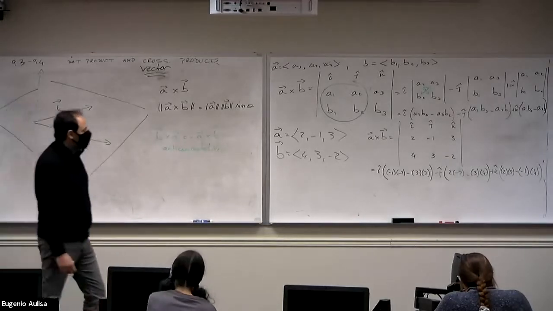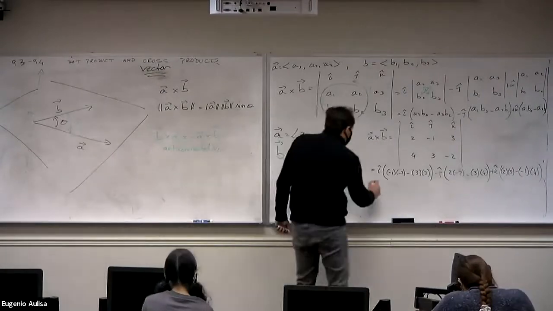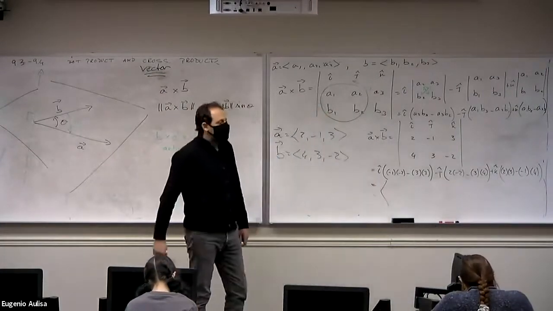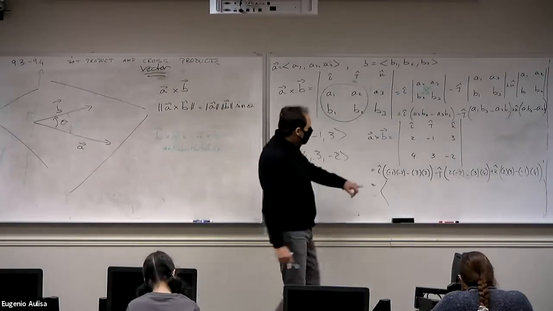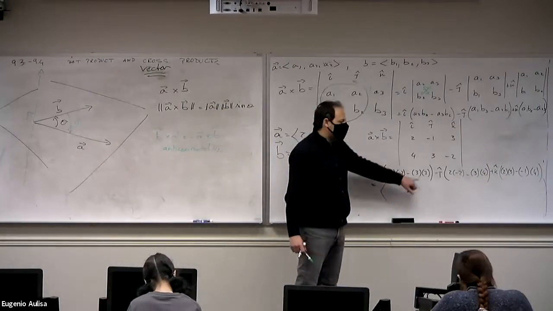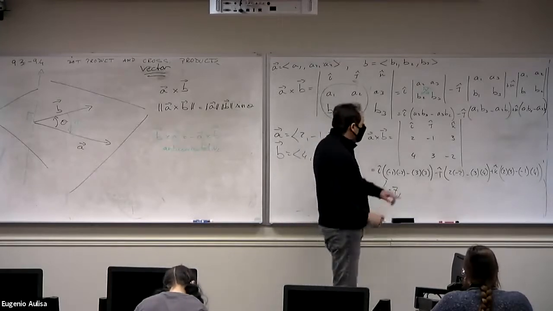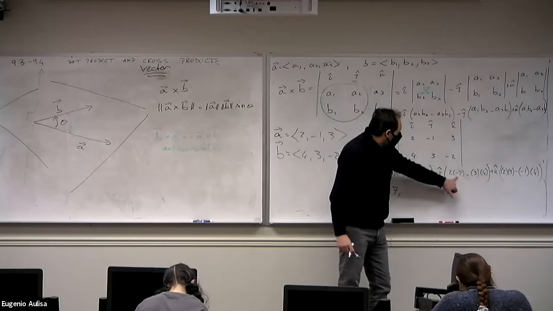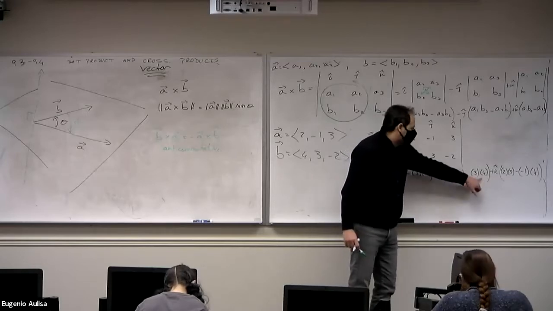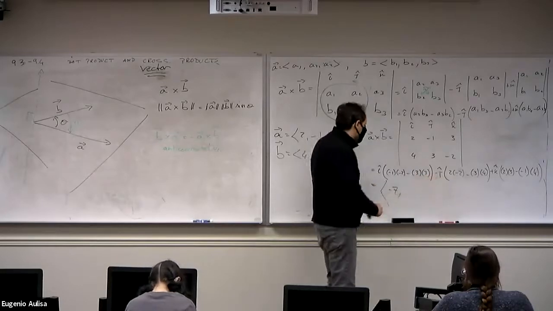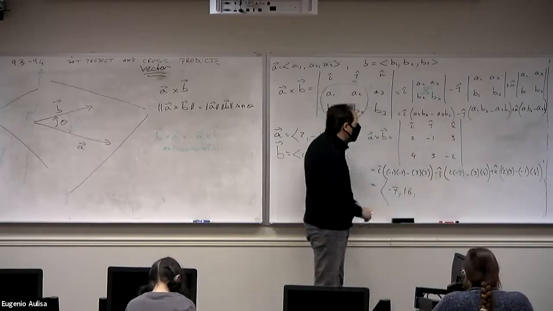Okay, so this is going to be equal to, I'm going to the angle bracket notation because it's the one that I like most, 2 minus 9, so negative 7. So we have negative 4 minus 12, negative 16, but we have a minus in front of everything, so plus 16.